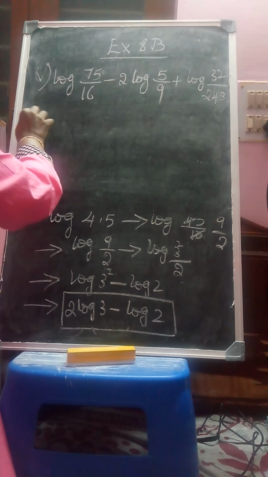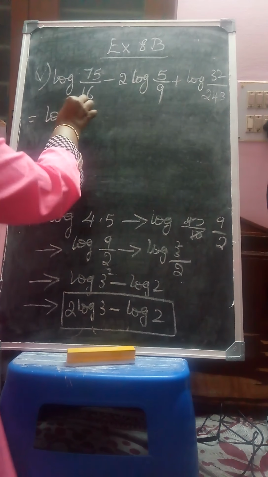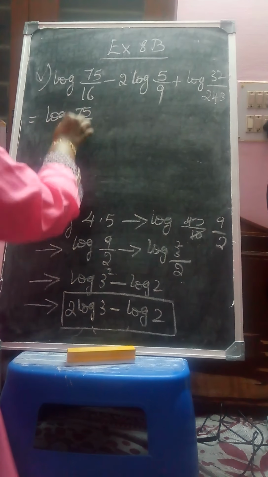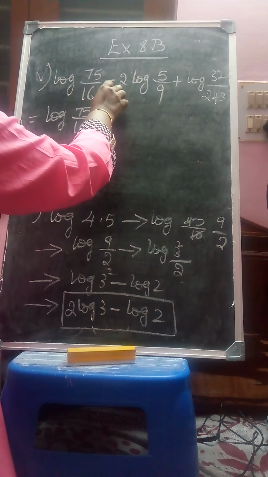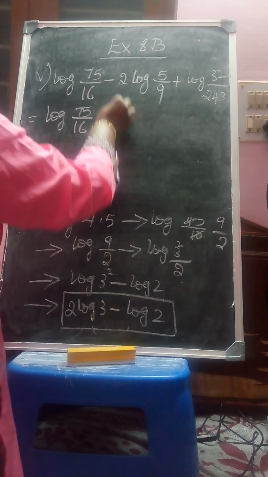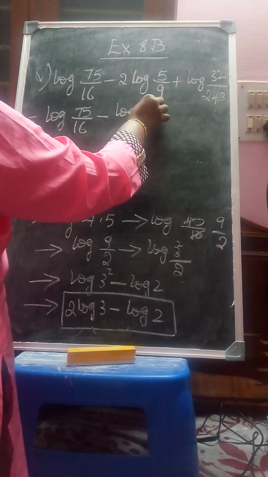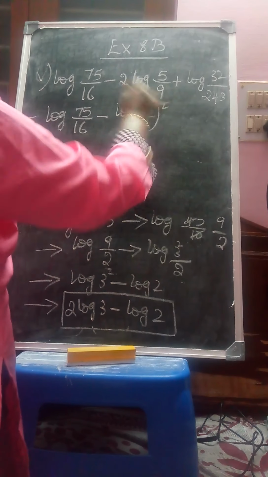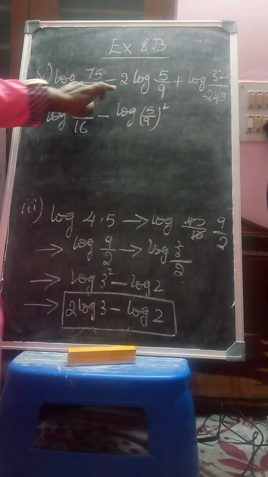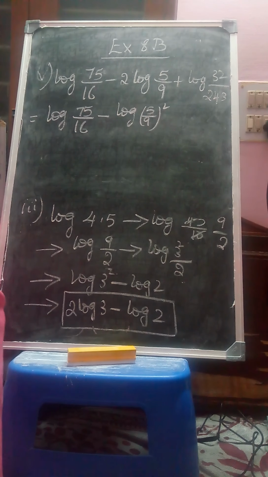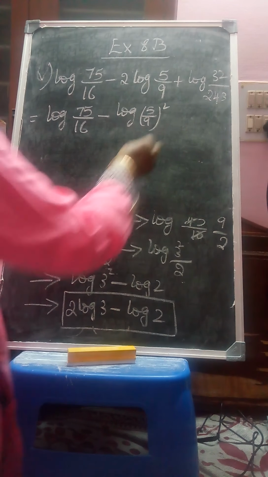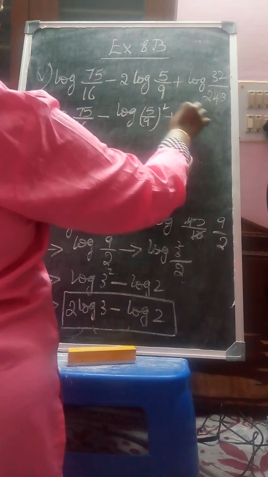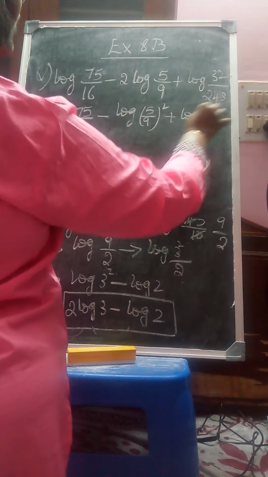Now see here, this will be log 75 by 16 minus, now I will take this 2 here, log 5 by 9 the whole square. I have taken this 2 as a power, you know from the power law, plus log 32 by 243.